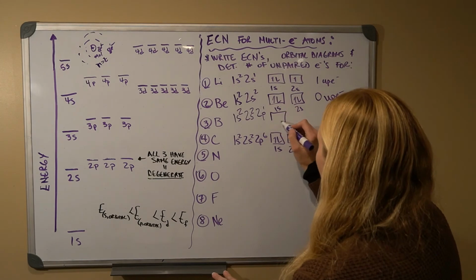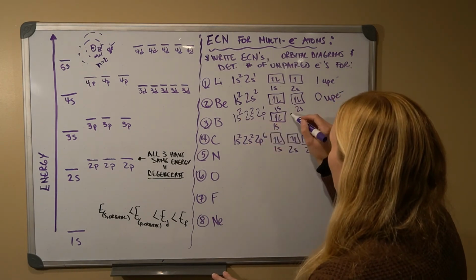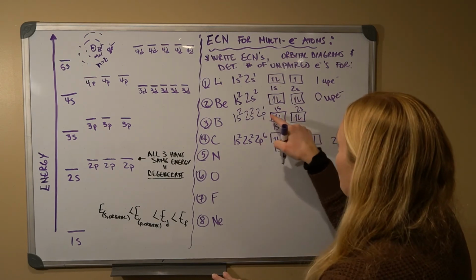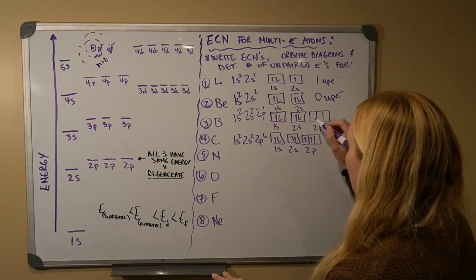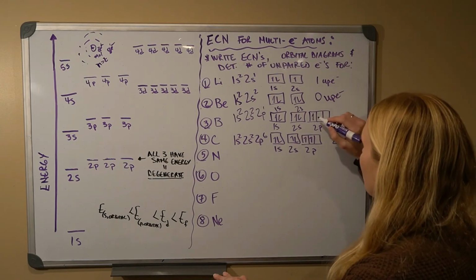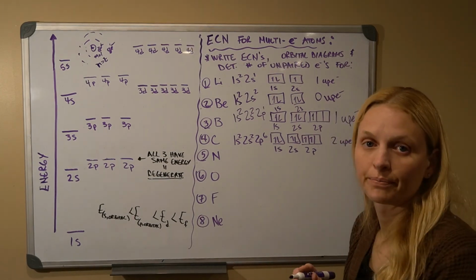So here we have 2 go in the 1s orbital, 2 go in the 2s orbital, and then over here is my px, py, pz, and I just have a 1 that goes in there. So here I have 1 unpaired electron there.